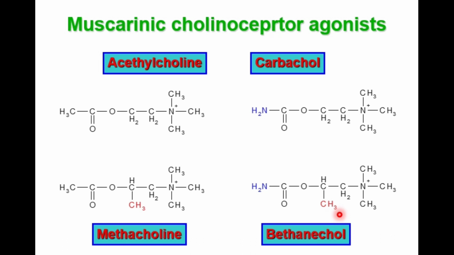All these compounds are choline esters and will mimic the action of acetylcholine, but with different degrees of selectivity on muscarinic or nicotinic receptors. Notice the positive charge on the nitrogen atom means that these agents are not lipid soluble and have poor tissue penetration.